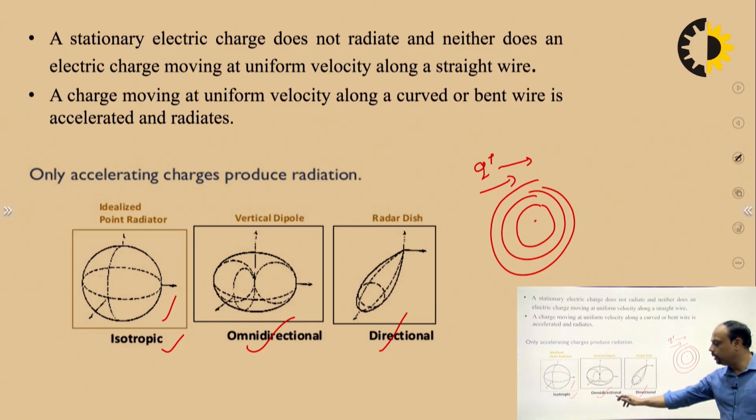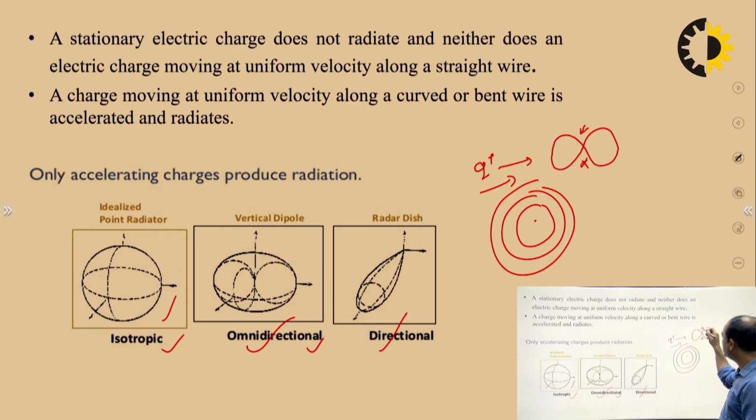While in the case of an omnidirectional antenna, this is the source, and the radiation makes the shape of an 8. In this and this direction, there is no radiation, while in this and this direction, there is maximum radiation. So, in 3D, it forms a dumbbell shape, or we can say a donut-type shape of radiation transmitting from this omnidirectional antenna.